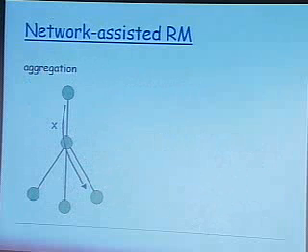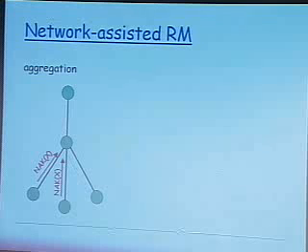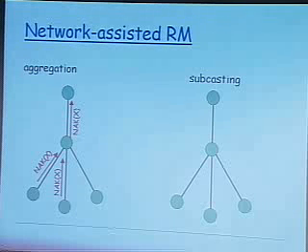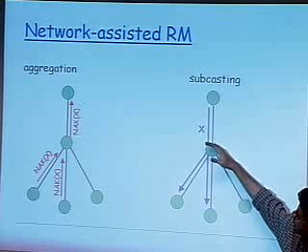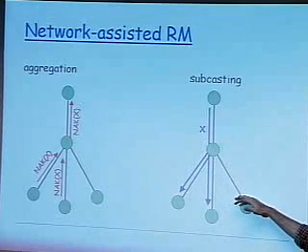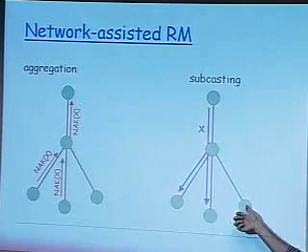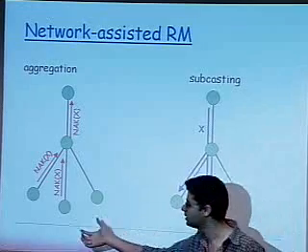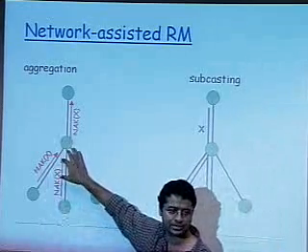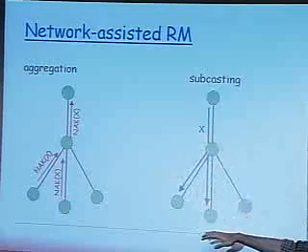So in aggregation, the router will aggregate the NAC message. In subcasting, the router can effectively prune where the data repair packet is going to go. So if this receiver has already received the packet, by looking at the NAC messages arriving, it knows where the repair packet has to go.